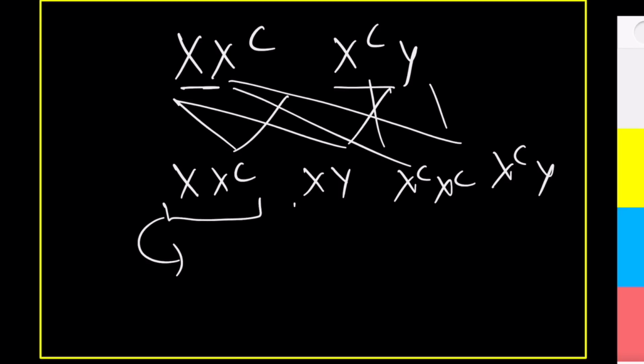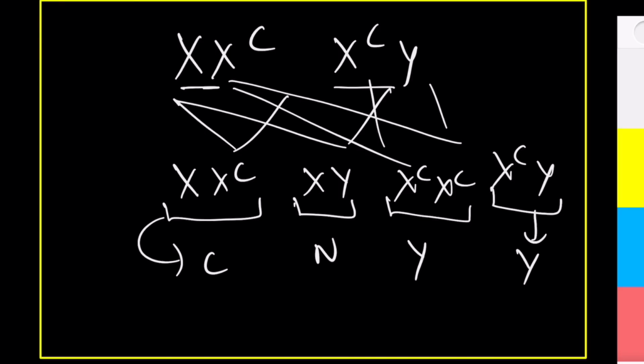This one is going to be a carrier, this one normal, and this one is going to suffer from the disease. Here also it is going to suffer from the disease. Here it is female, this is male. So you can predict the chance, the probability, quite easily.